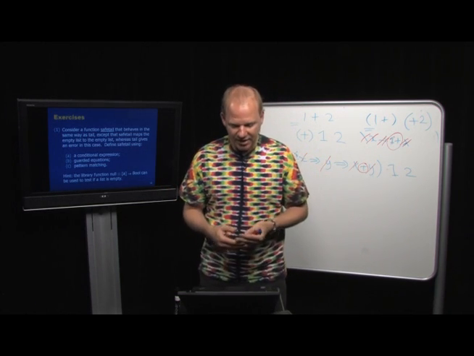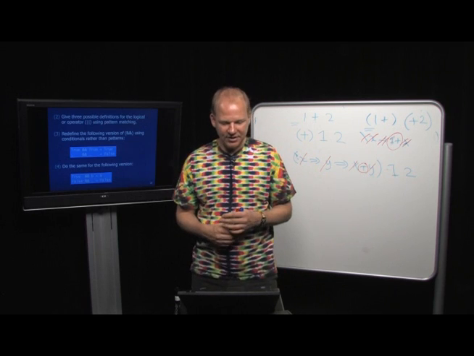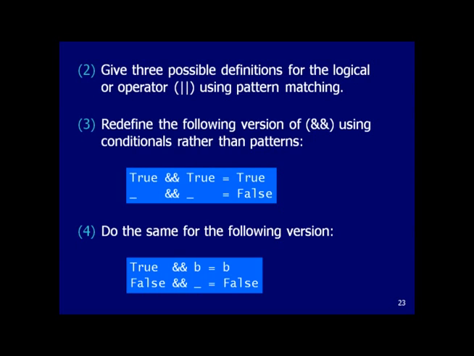You can easily define that yourself using pattern matching as well. Then the other questions are just to play a little bit around with different ways of defining the end function using pattern matching, using conditionals, just like what I did on the board previously, to get a feel of how that pattern matching works.